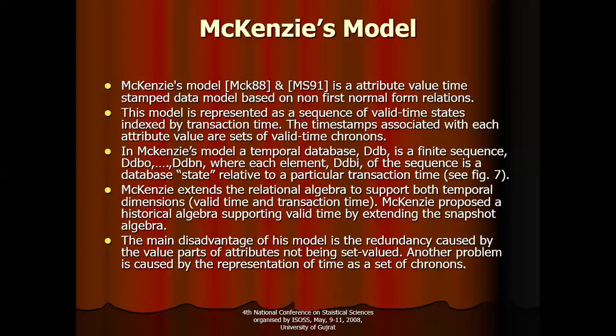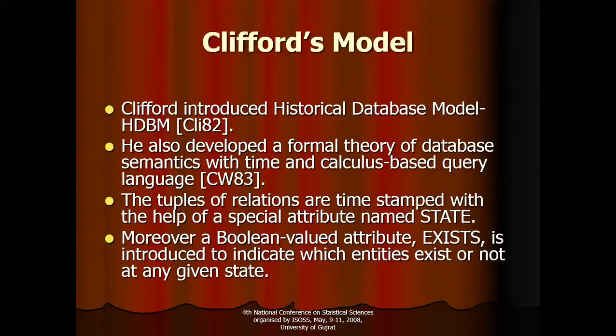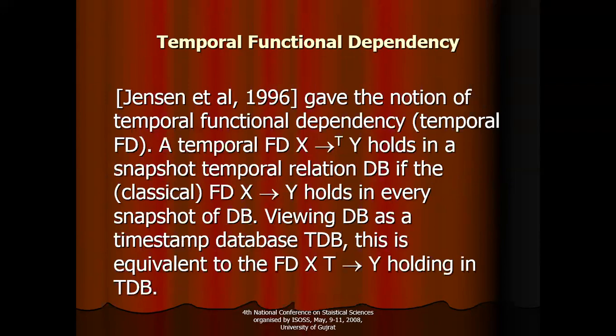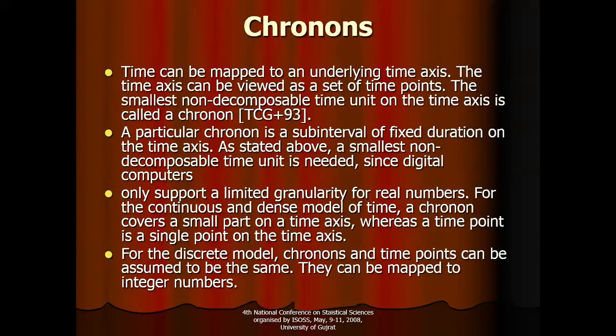And you know what a chronon is, if I recall, because I have discussed the concept of a chronon with you in the previous lecture. A time can be mapped into an underlying time axis. The time axis can be viewed as a set of time points. The smallest non-decomposable time unit on the time axis is called a chronon.